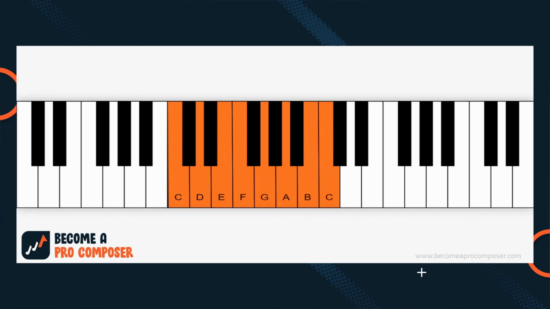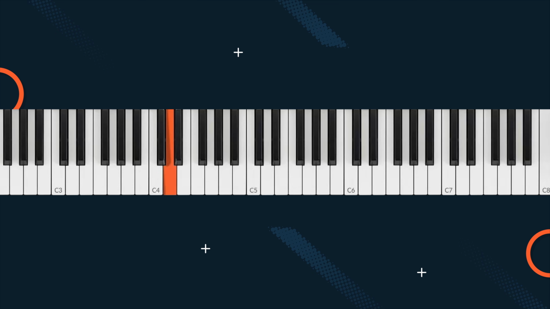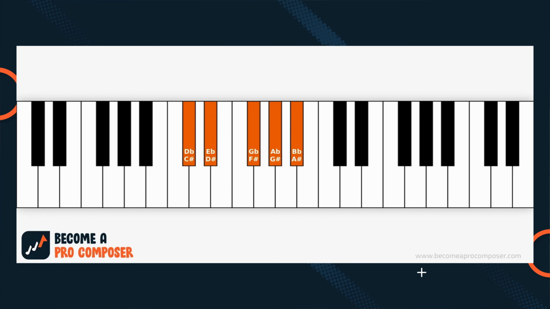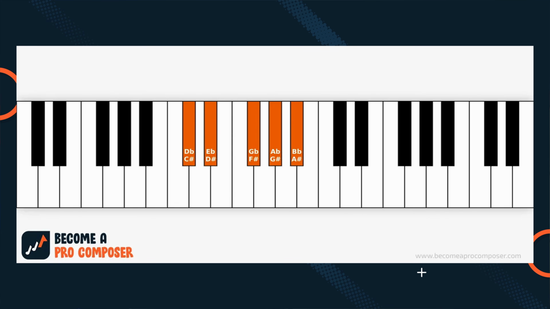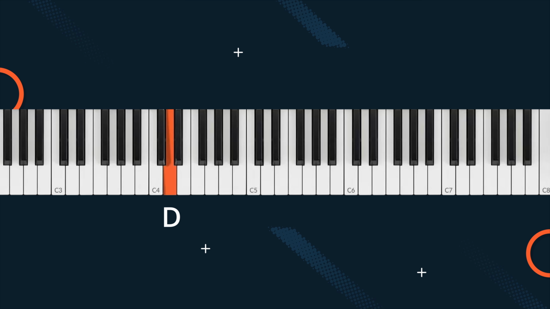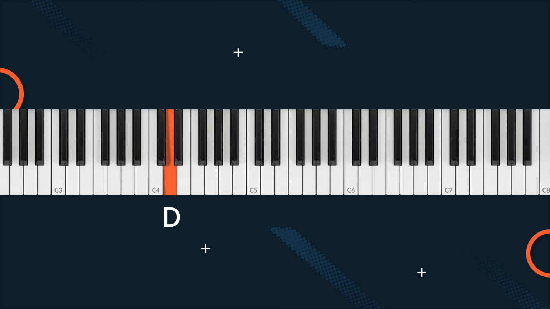So we have the notes C, D, E, F, G, A, B, and then it continues from the C. The black key above a white key is called a sharp, like C sharp or D sharp. But if the black key is below a white key, then you call it a flat, for example, a D flat.